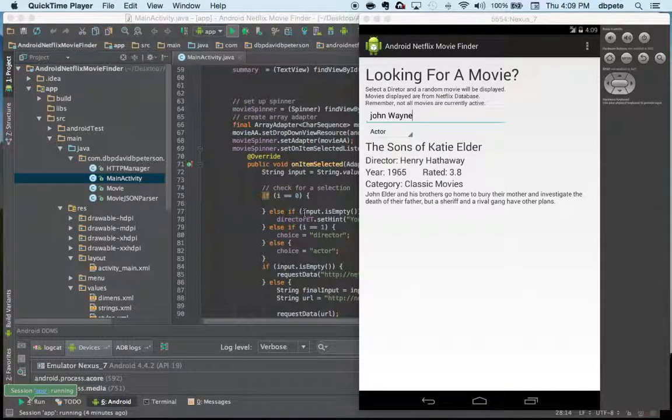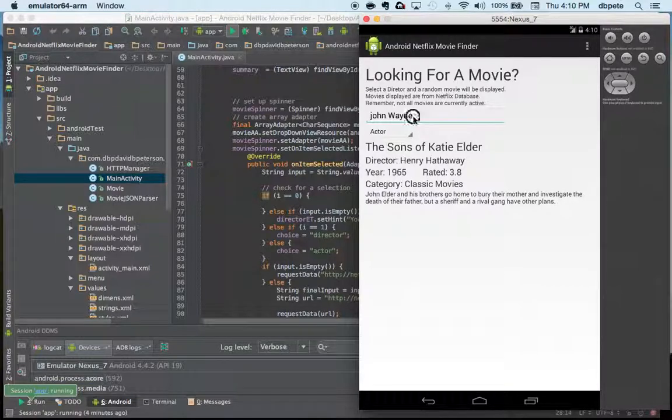So I switched to a Netflix API, and what I've done is if you key in an actor's name or a director's name, then I will go out and get all of the movies and then randomly select one and display it.